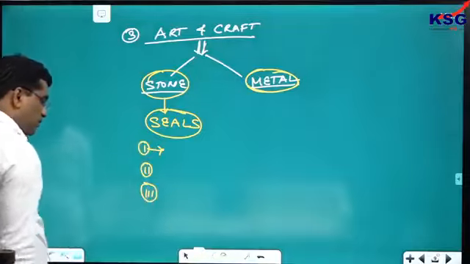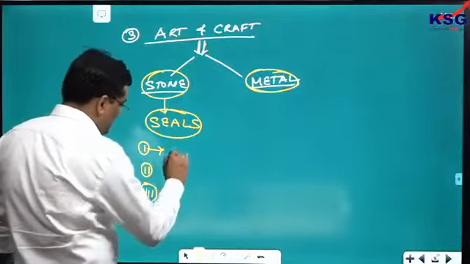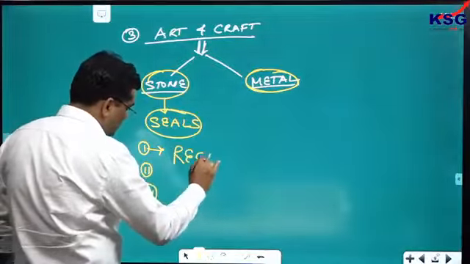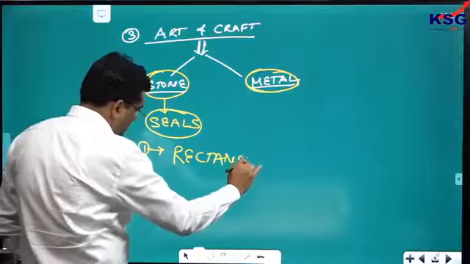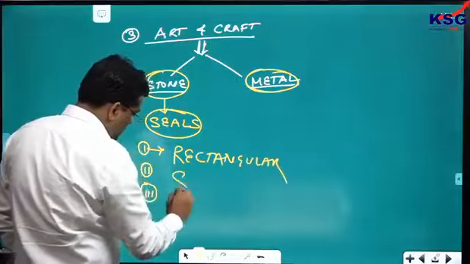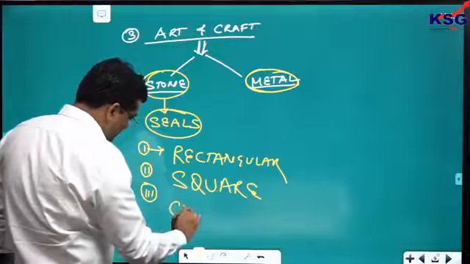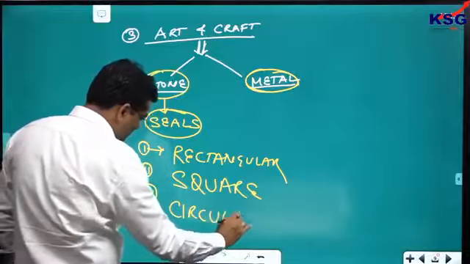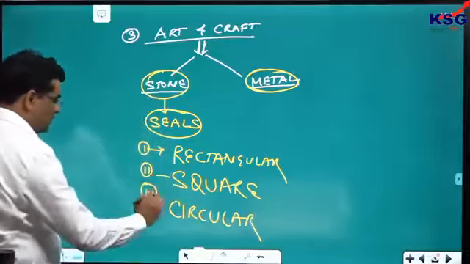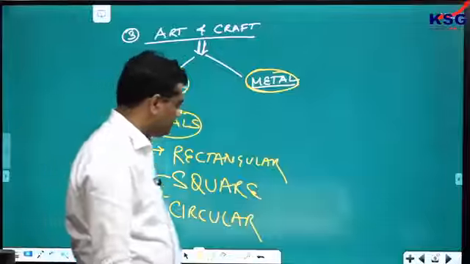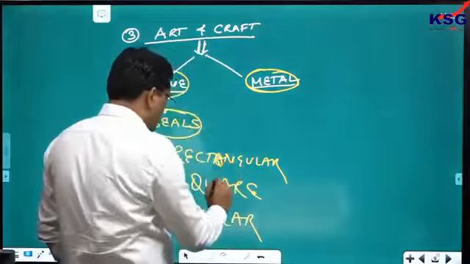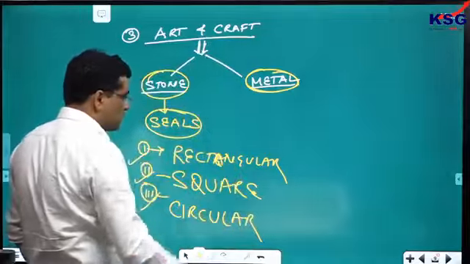Otherwise you people will become angry that you can't see. Rectangular, square and circular: these are the three types of seals.